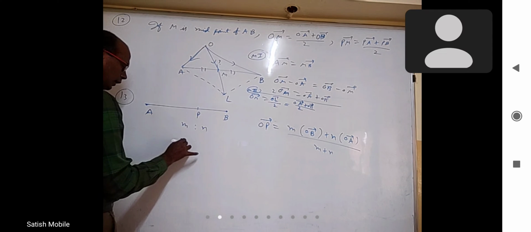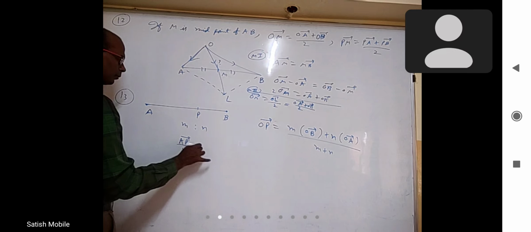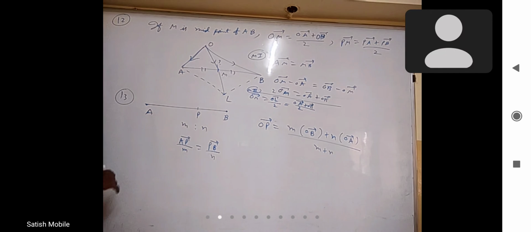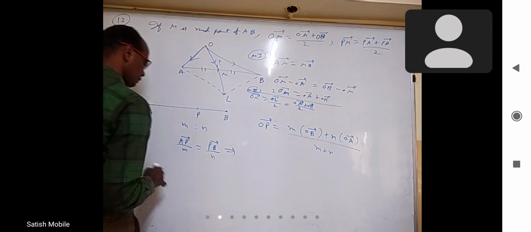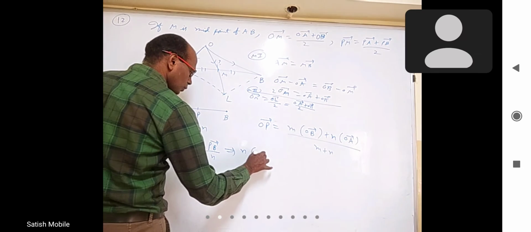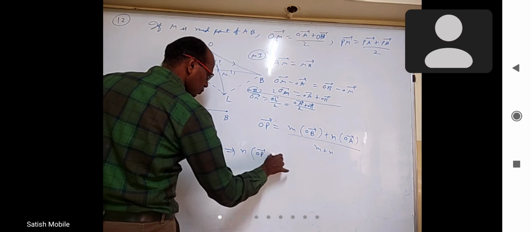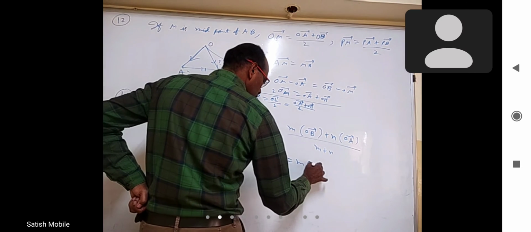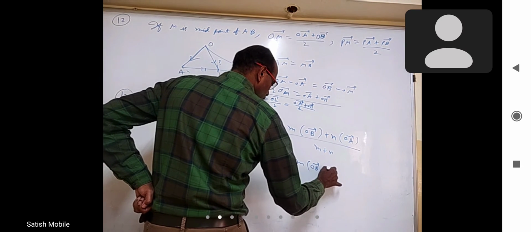How has this one come? I can write AP bar by m equal to PB bar by n. From this, I can write n into AP bar, which means n into (OP bar minus OA bar). m into PB bar is m into (OB bar minus OP bar).